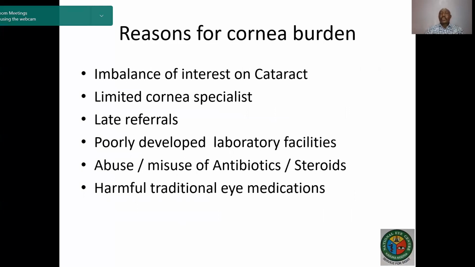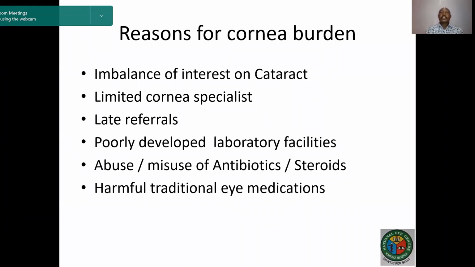The reasons for corneal blindness cannot be overemphasized. It has been observed that a lot of attention has been given to cataract and reduction of the burden of cataract. So this sometimes can create an imbalance and will result in the perpetual rise of cornea-related blindness.